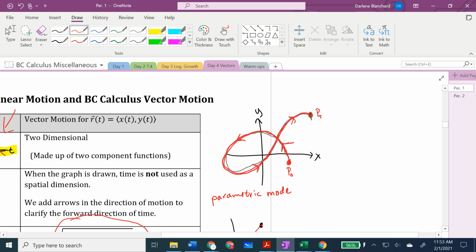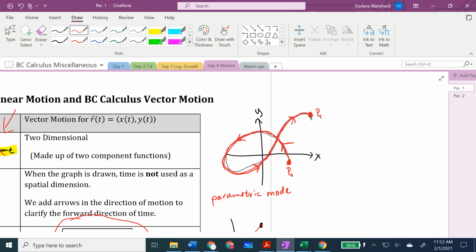Now, you're probably curious, can I get my calculator to do that? Yes, maybe? Do you have your calculator with you? You can have your graph change to parametric mode. Vector functions are parametric functions.